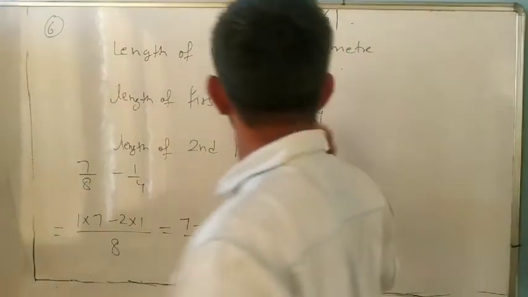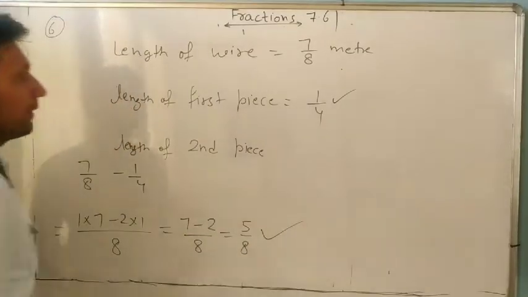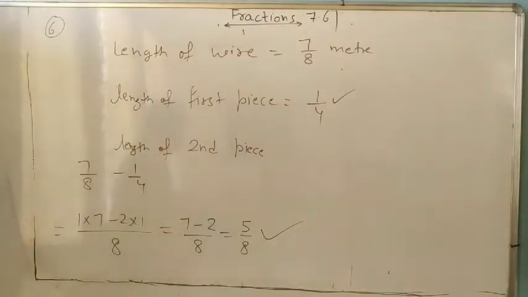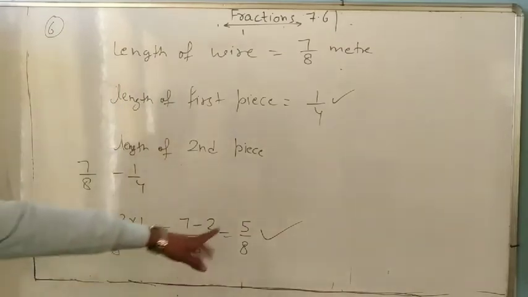So it is the first piece and it is the second piece. Now next, question number 7. The length of the other piece is 5 by 8.